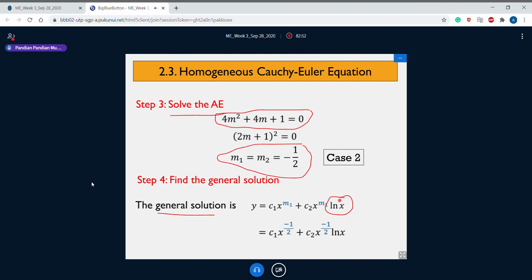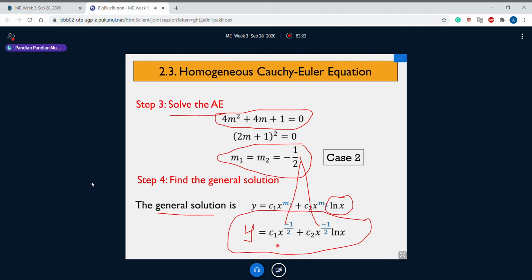Don't forget to write this ln x. Therefore, your final answer y equals C1 x to the power minus half plus C2 x to the power m1 also. If you write m2, it is still the same, x to the power minus half multiplied by ln x. If you give this answer, your answer is perfect.